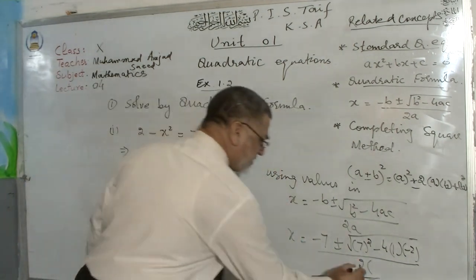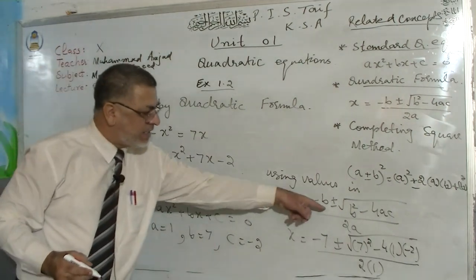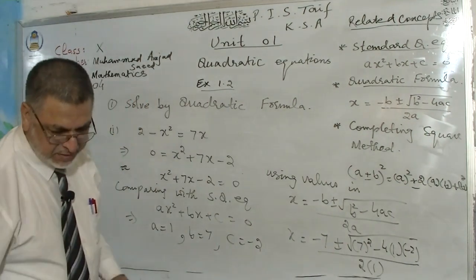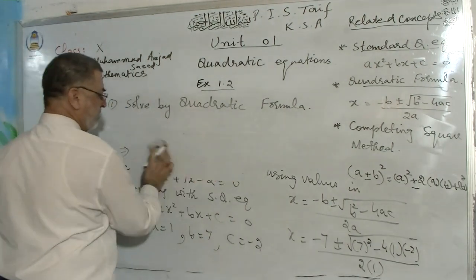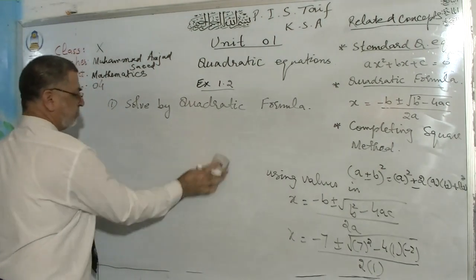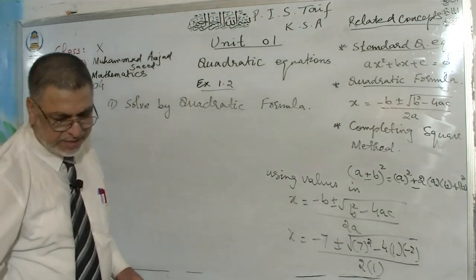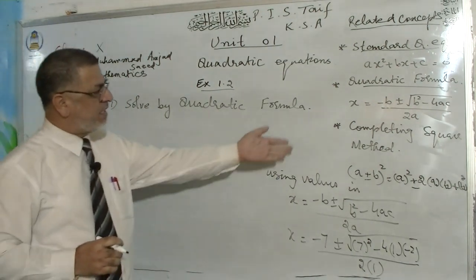What about a? A is 1. So you will put the values a, b, c here in this formula. This is a very easy exercise, and simply you will use the values of a, b, c in the formula and then simplify.